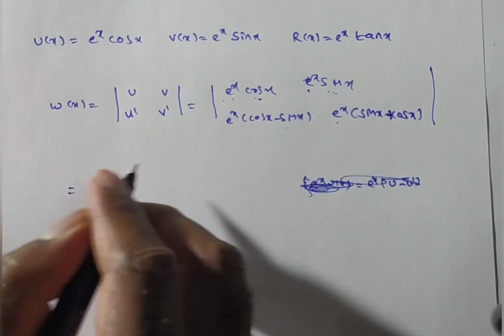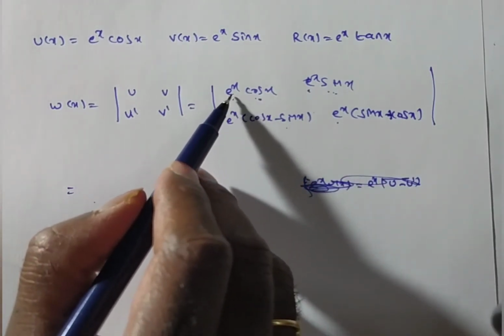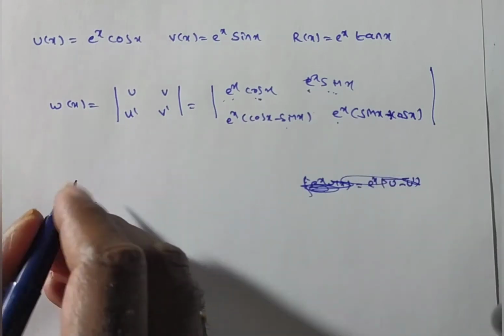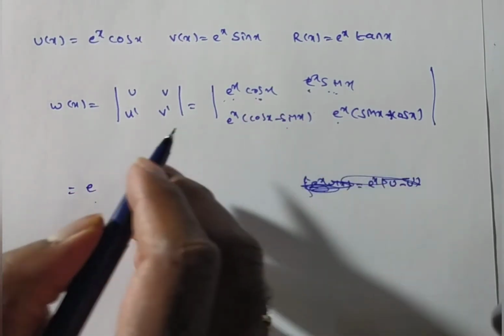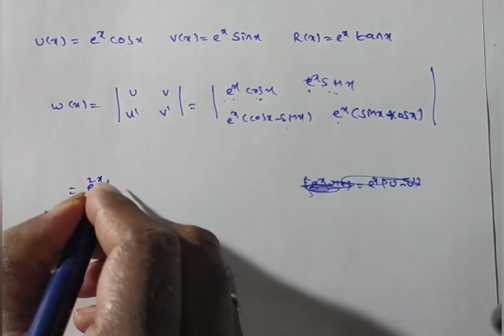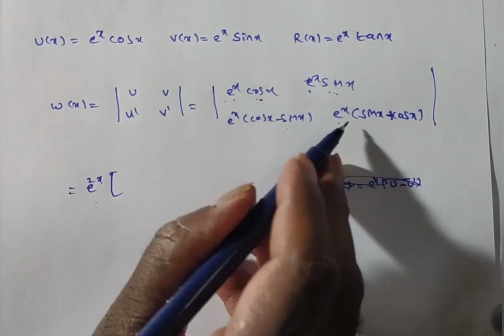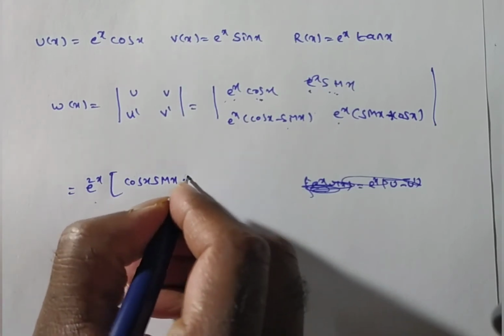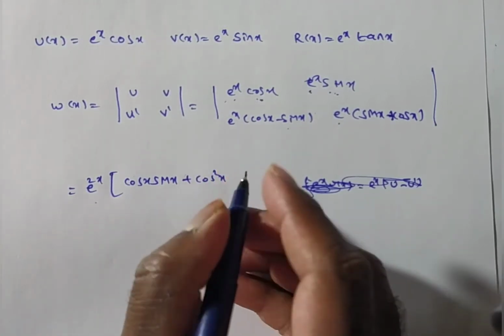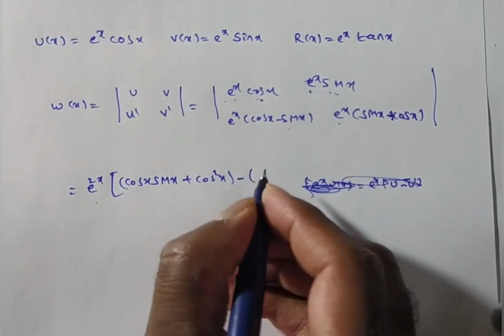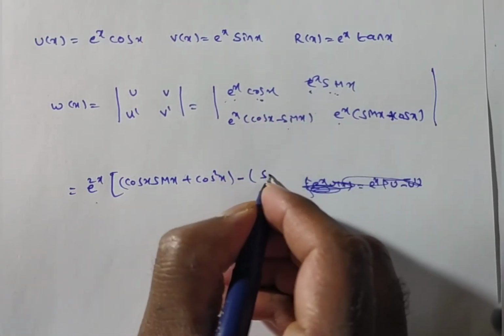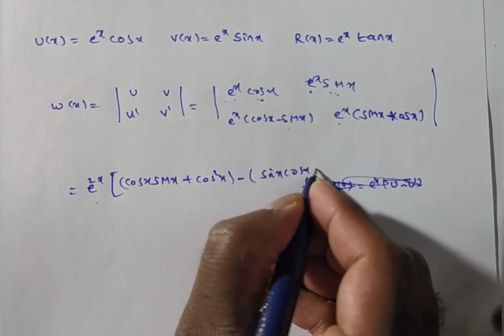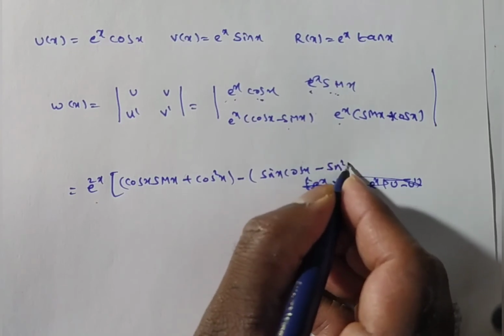Now simplify this. What can I take common here? e power x is there in the first row and the second row, so you will have e power 2x. Now simplify: cos x into sin x plus cos x into cos x is cos square x, minus sin x into cos x, minus sin square x.